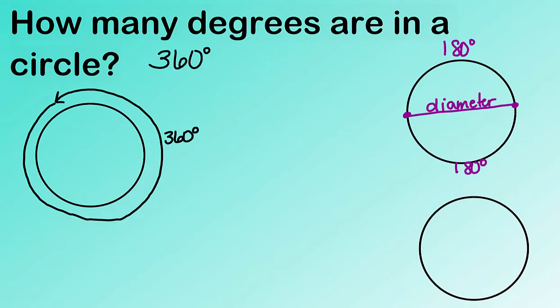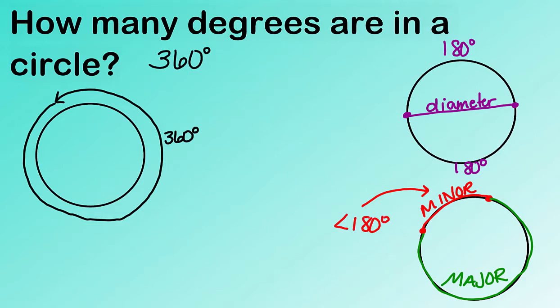I can also have a minor arc as well as a major arc. A minor arc is less than 180 degrees, and a major arc is more than 180 degrees.